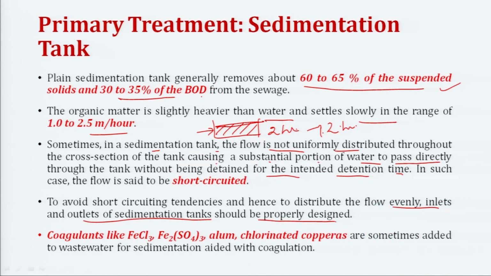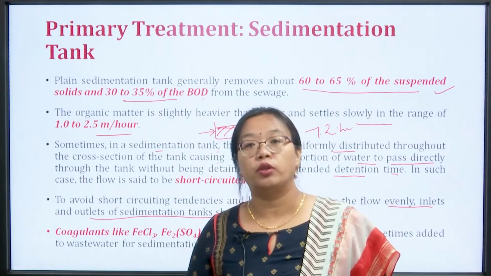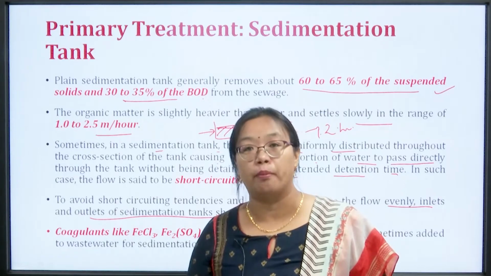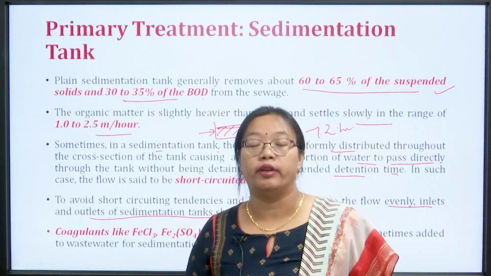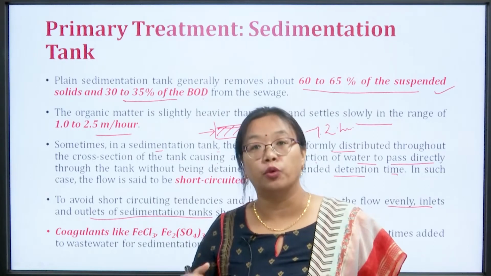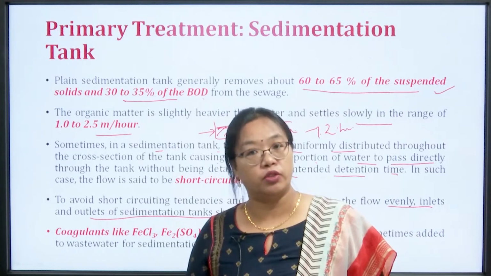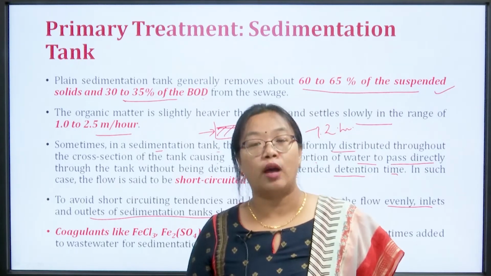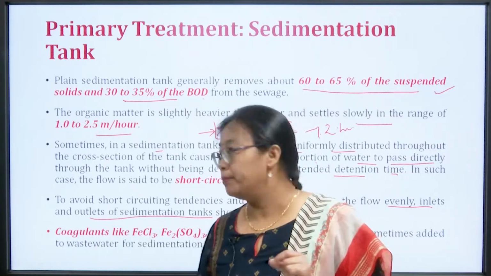So, you have to design your inlets and outlets very properly. Short circuiting is always going to happen, but the ratio of whatever is short circuited should be very small. Then you will have a very good, well designed sedimentation tank. Short circuiting is something you cannot eliminate, it is going to happen, but you may reduce that amount, right.